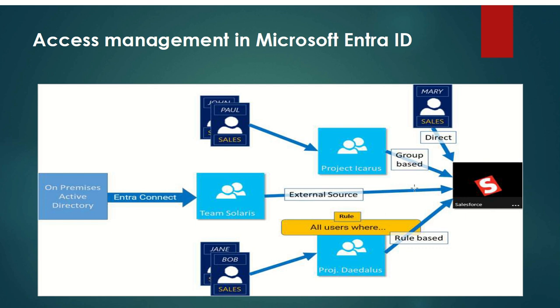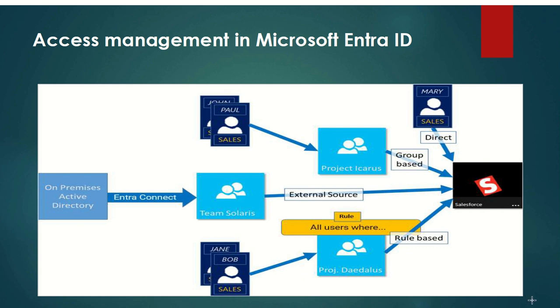And then there's external source based assignment, where the team members, or the group itself, come from the on-premises Active Directory, and using Entra Connect we have access to that group, and that group will be provided access to this software as a service component. Here it's coming from the external source, and the on-premises Active Directory decides whom it should add to this group and whom it should not.